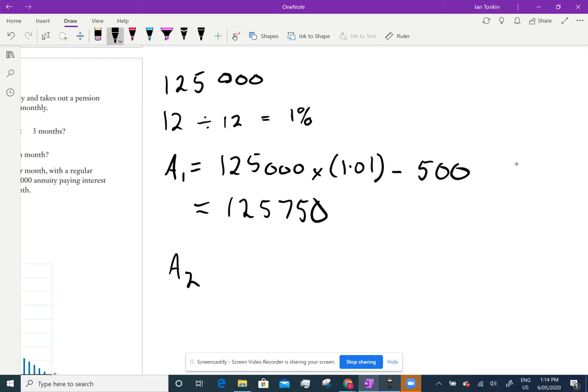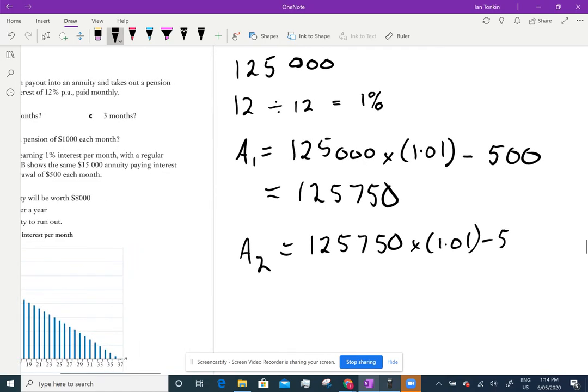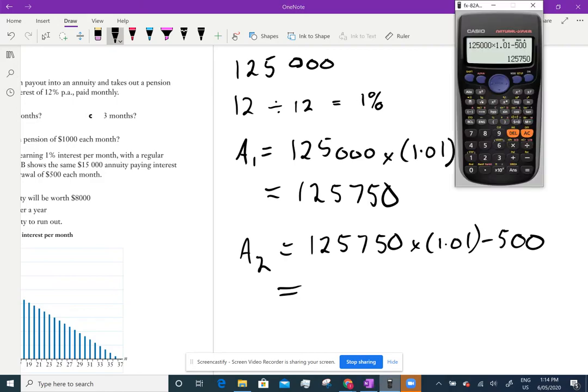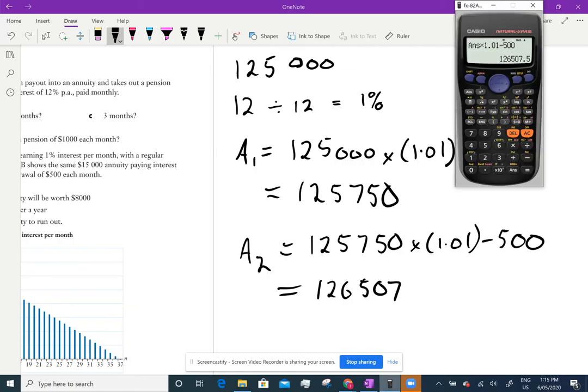Now, after 2 months, it's 125,750 times 1.01 minus 500. I've already got that in my calculator, so I'm going to go times 1.01 minus 500. 126,507.5.